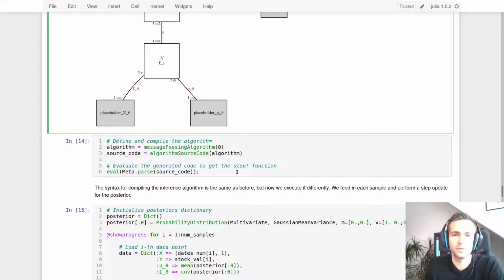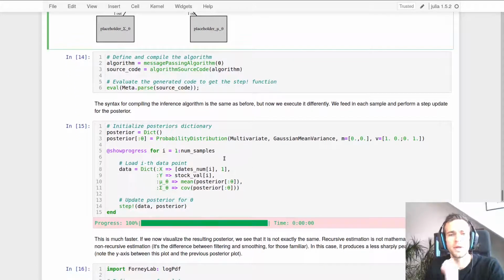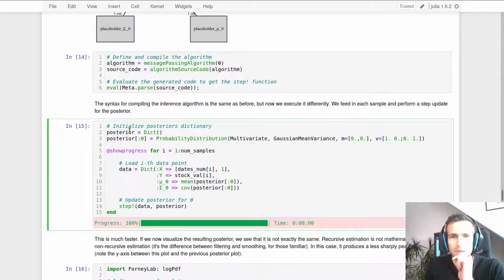The algorithm compilation is also still exactly the same, and if we now execute the algorithm, you can see I have again initialized a data structure to house the posterior, and I'm now assigning it an initial value. I'm saying that the posterior for theta is a probability distribution which is multivariate Gaussian, parameterized by mean and variance, and I say that its mean is a vector of zeros, and its variance is an identity matrix.